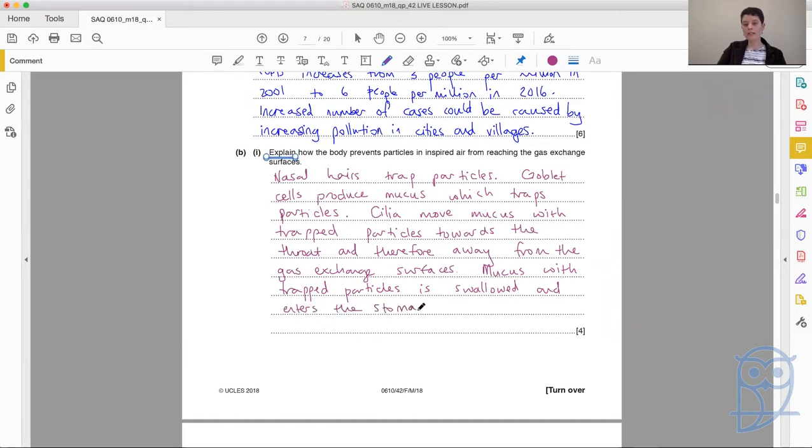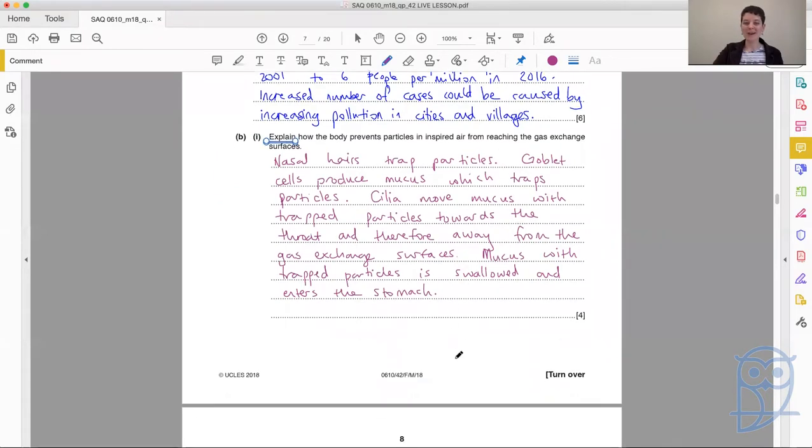So we don't actually need to talk in this question about the acidic environment in the stomach, because it's not asking us what happens to any bacteria, for example, that have been trapped in the mucus. This is just how we're going to stop any particles reaching that gas exchange surface. And our answer, with this roughly standard size handwriting, fills our space available, and we've got certainly very many good points in there, so we should be sure of our 4 marks.